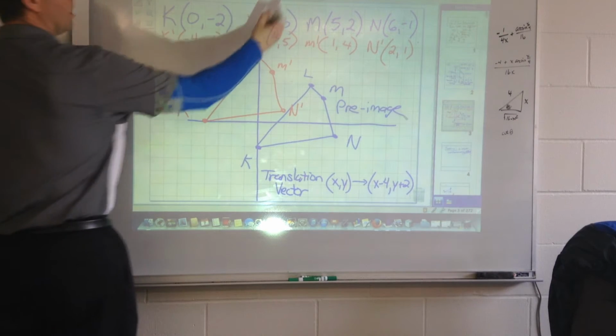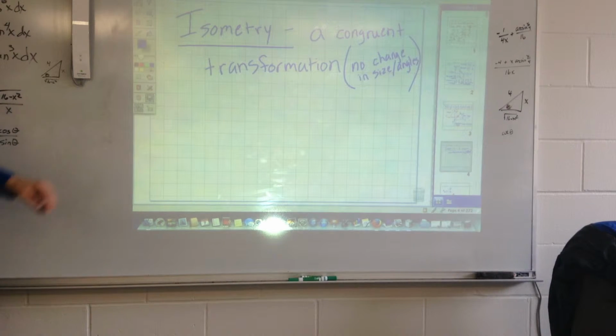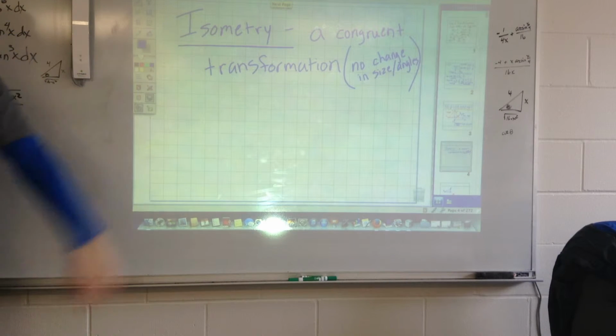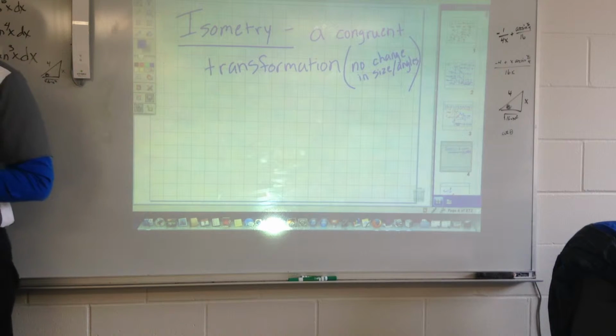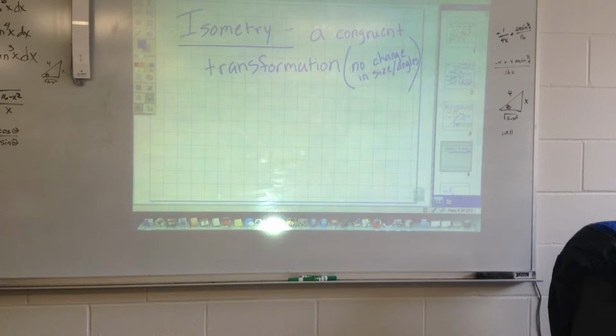This is an example, I'll come back to the slide, but for the speed of the video, this is an example of an isometry. Write this down, I would know this vocabulary word. Basically all this is a congruent transformation. That basically means all it did was move it. Didn't change it, didn't stretch it, shrink it, didn't do anything like that. It just took it and moved it.